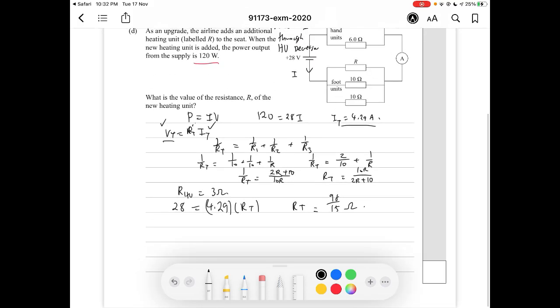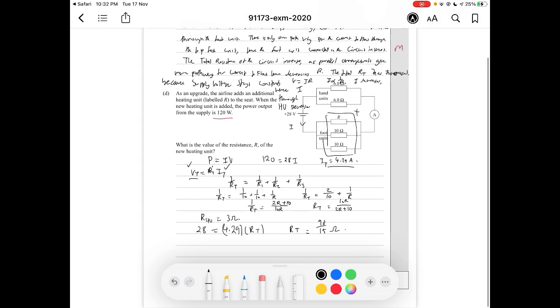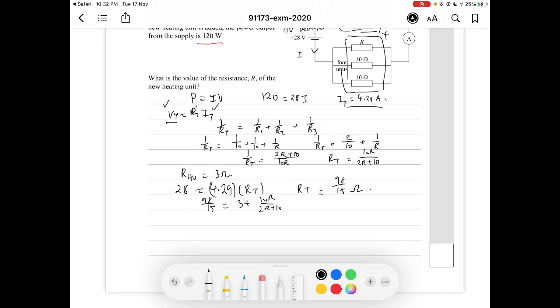So therefore, we can actually write our equation for our R total. We know that the total resistance is equal to the resistance of this parallel circuit plus the resistance of this parallel circuit, okay? So therefore, 98 over 15 equals 3 plus 10R over 2R plus 10. So 98 over 15 minus 3.